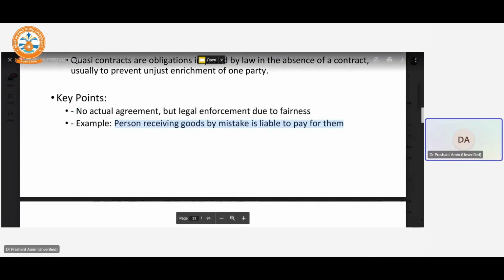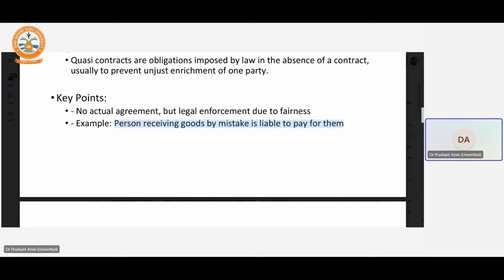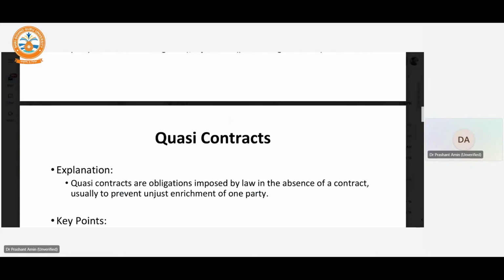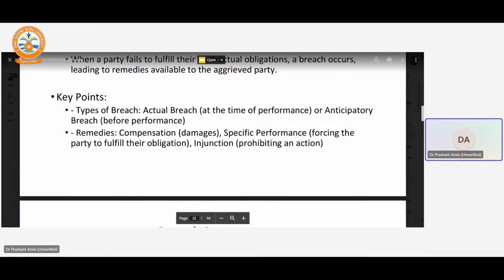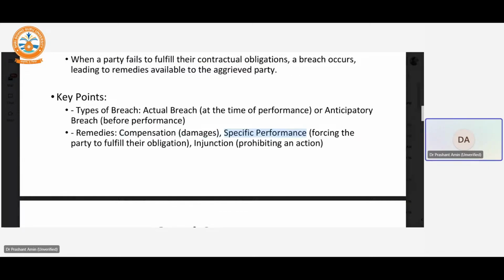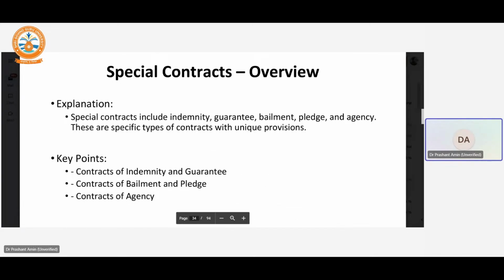If any person receives goods by mistake, he is liable to return those goods to the party to whom they belong. He cannot brush away the other person and say he does not have those goods. Even if he does not have the goods, he has to pay compensation; the remedy may be compensation, specific performance, or an injunction, right? So that is the idea.